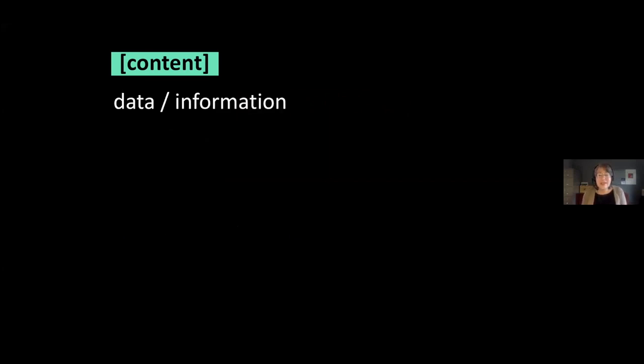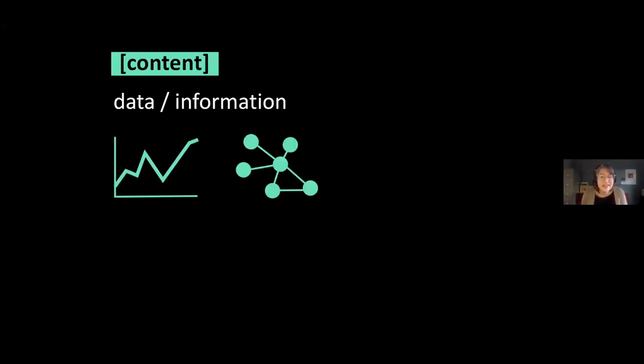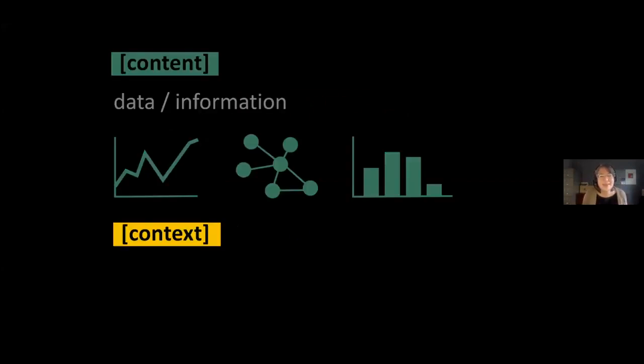It's the information that you're setting out to visualize, from time series to interconnections, category comparisons, and beyond. The data set itself influences the form of your visualization. But I don't think that people think about context enough. The intended audience and purpose should also be considered.